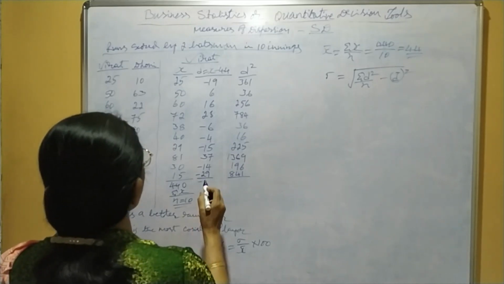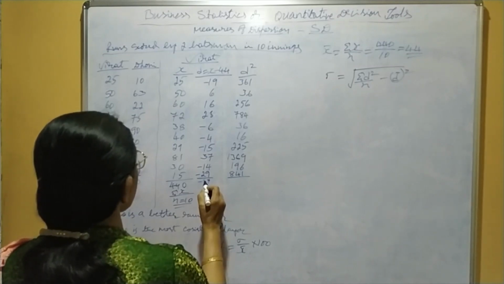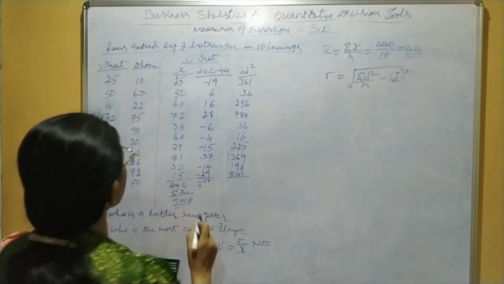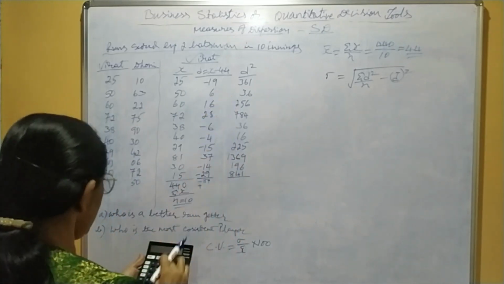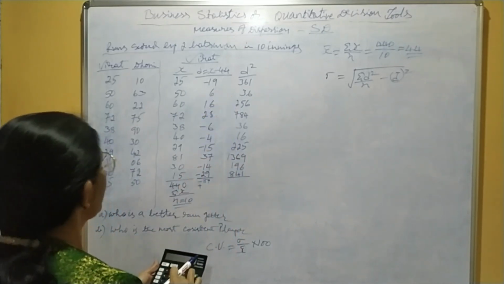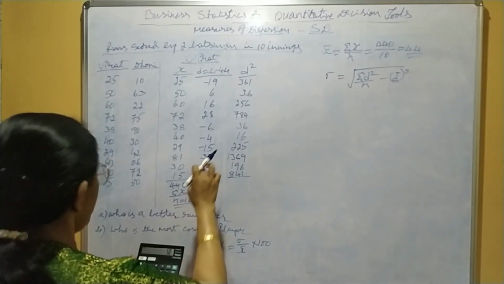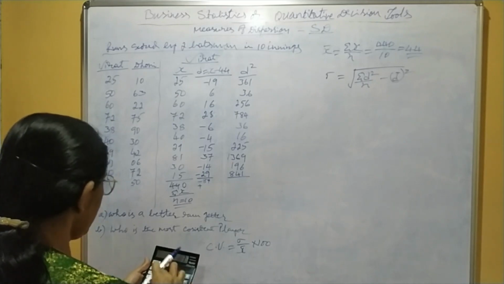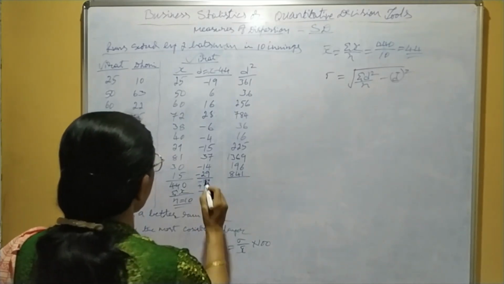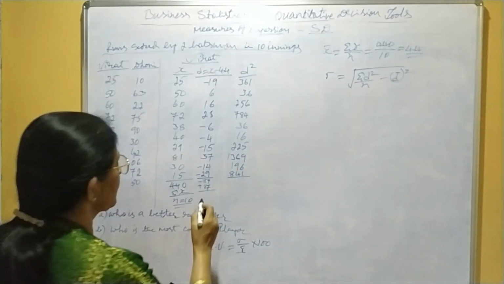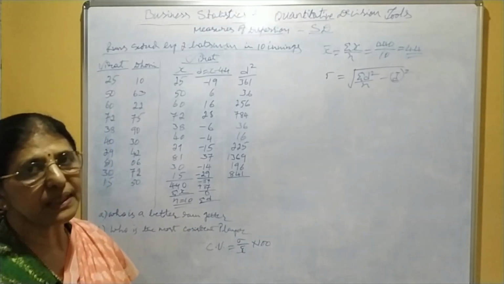It is minus 87. Next take plus values total. Here it is 16, 22 plus 28 plus 37. It is plus 87. Minus 87 and plus 87, 0. That is sigma d, isn't it?